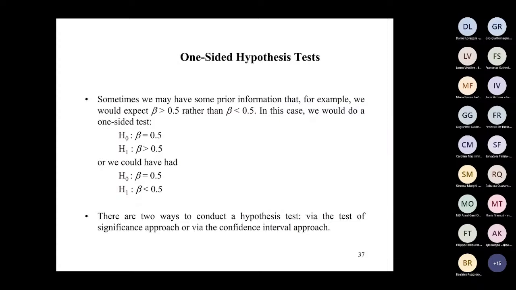what you need to know so far, and we talked about hypothesis testing via the test of significance approach. Can somebody remind me, when we say test of significance approach, what do we mean?